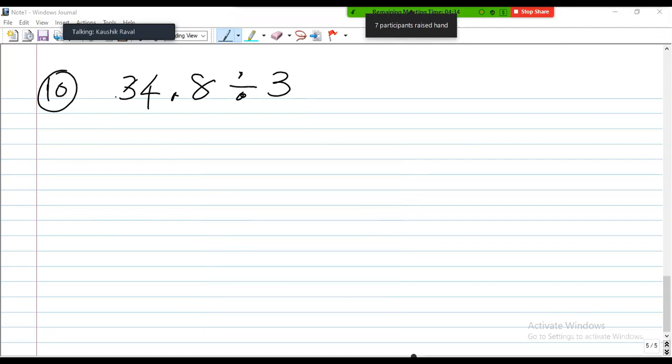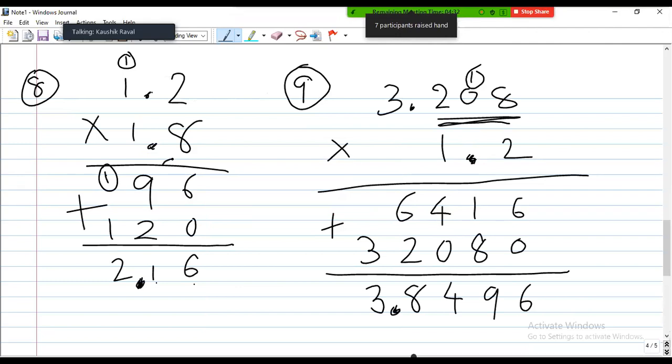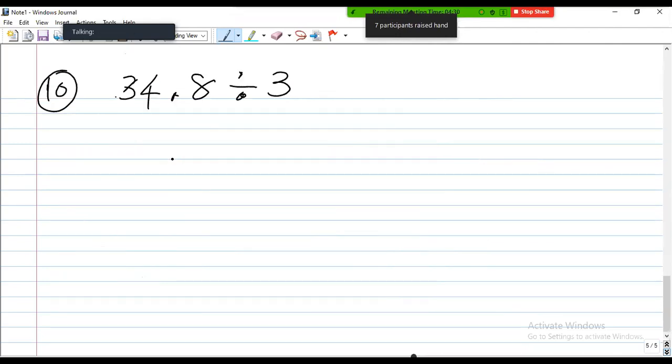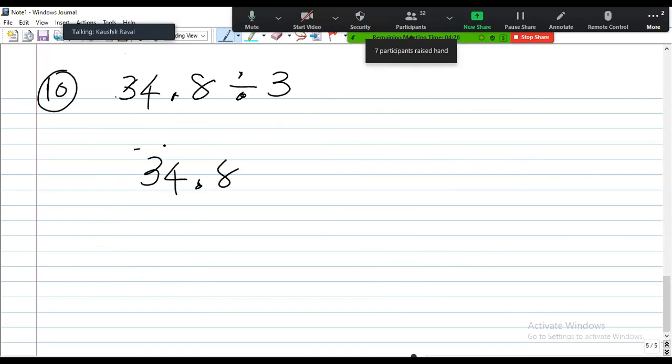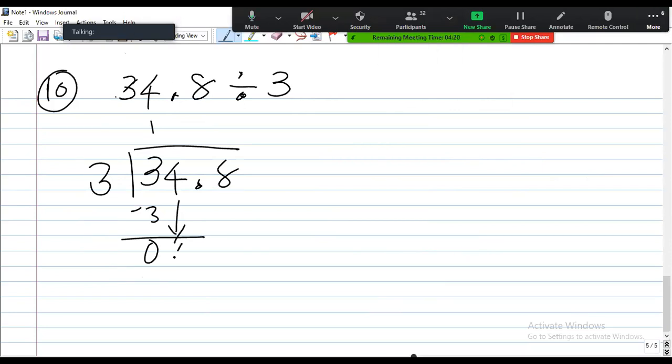Come on, very easy example. 34.8 divided by 3. So what do we do? 3 ones are 3, 0, 4 comes down, 3 ones are 3, 4 minus 3 is 1. Now 8 comes down and this decimal point goes up.